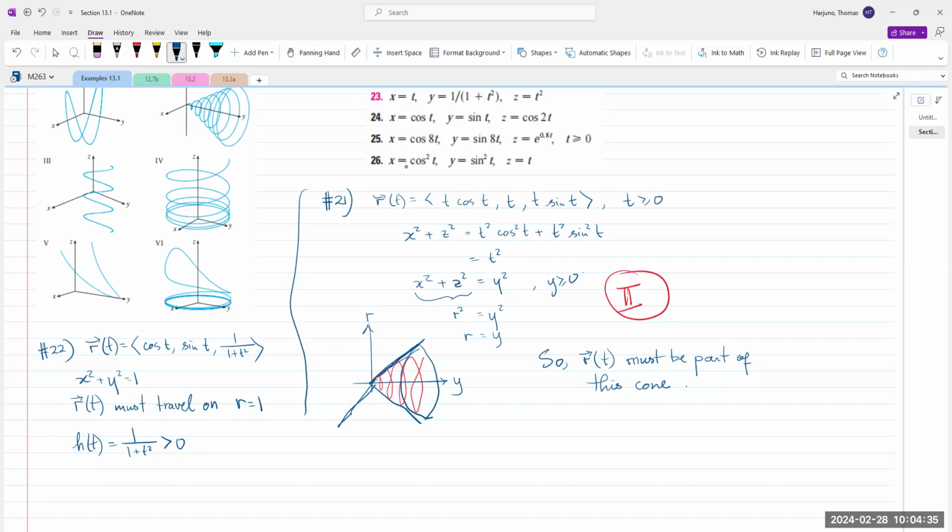It cannot be negative. As t goes to a very, very large number, the curve becomes near to 0.